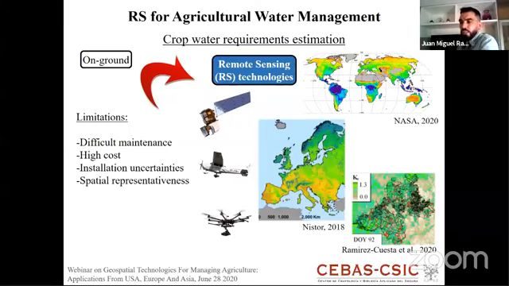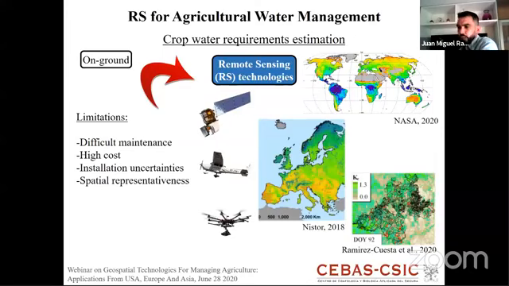In order to face the previously mentioned limitations, the use of remote sensing technologies has considerably increased in the last decades. These technologies allow for accounting for the spatial variability at global, regional, or local scale using drones, aircraft, and satellites.